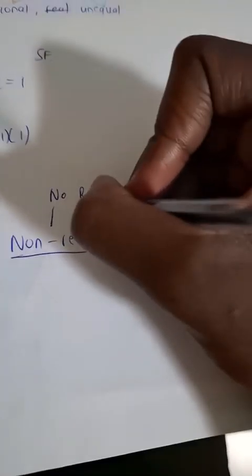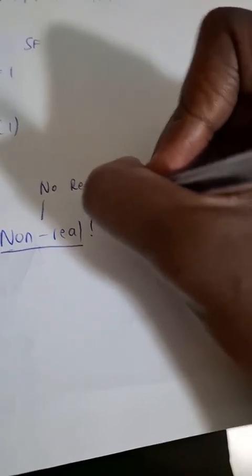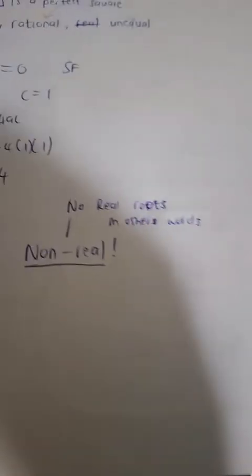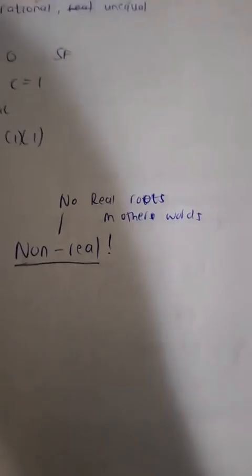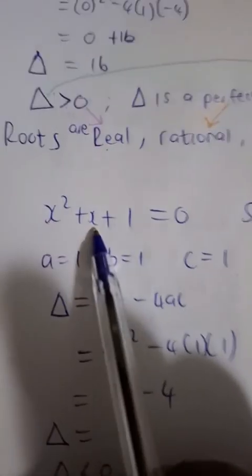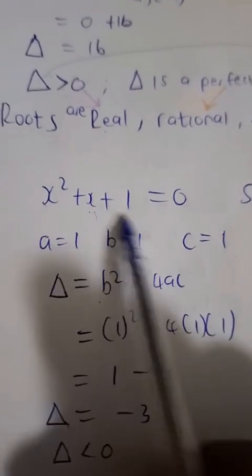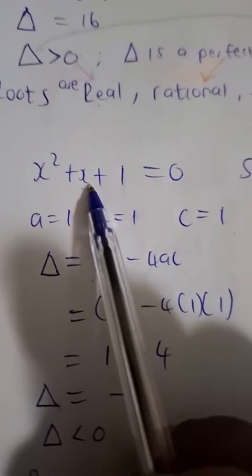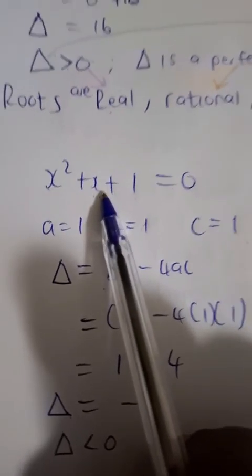In other words, if we were solving this particular equation, we would find that there is no solution. There are no x-intercepts, there are no critical values.